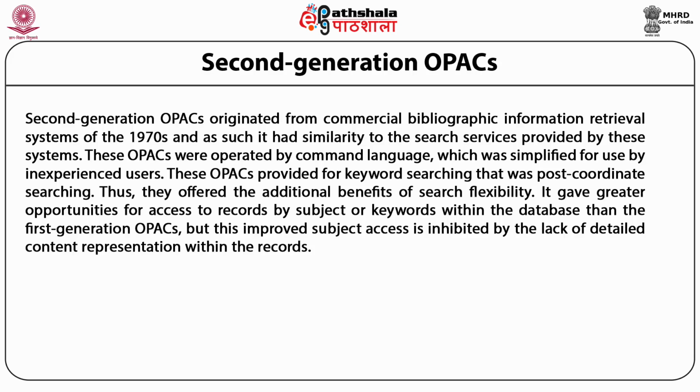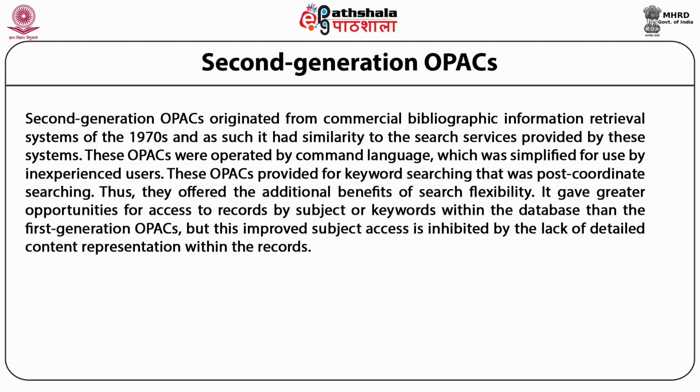These OPACs provided for keyword searching, that was post-coordinate searching. Thus, they offered the additional benefits of search flexibility. It gave greater opportunities for access to records by subject or keywords within the database than the first generation OPACs.